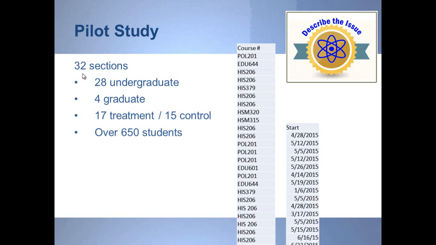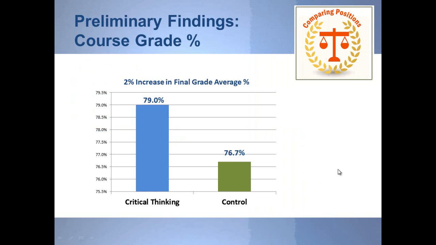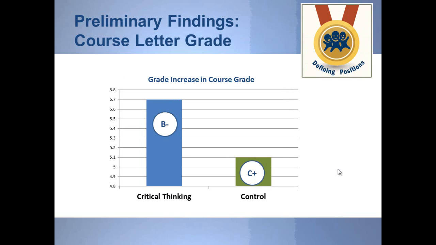Over 650 students were participants in the study, and we are cautiously optimistic about some of the findings that we're seeing as a result of the use of the critical thinking tools. We're seeing a 2% increase in final grade average. We're seeing a slight increase in course grade from a C+ to a B-.